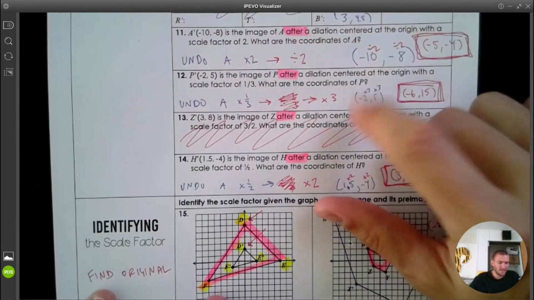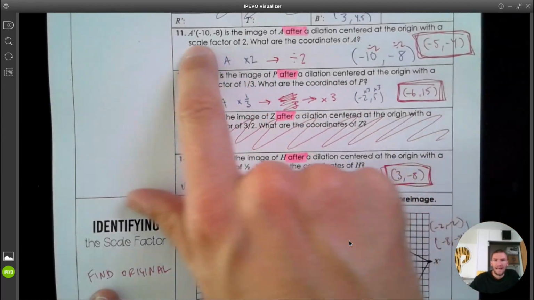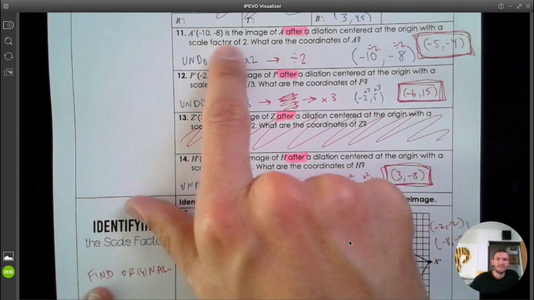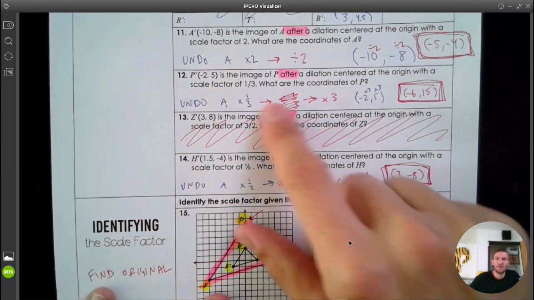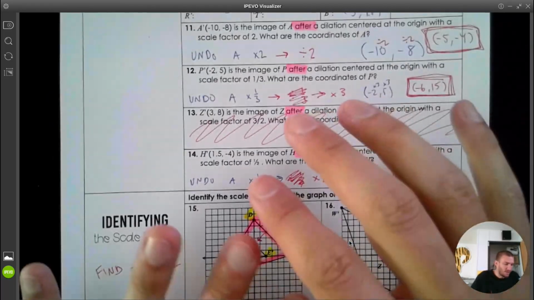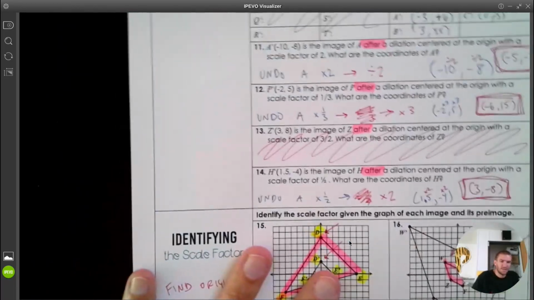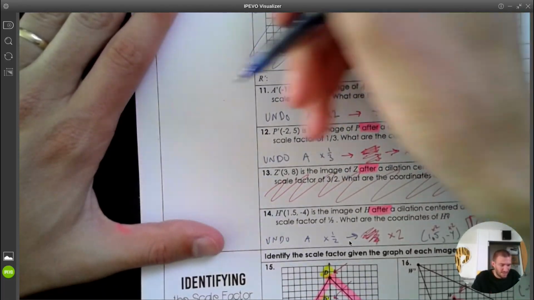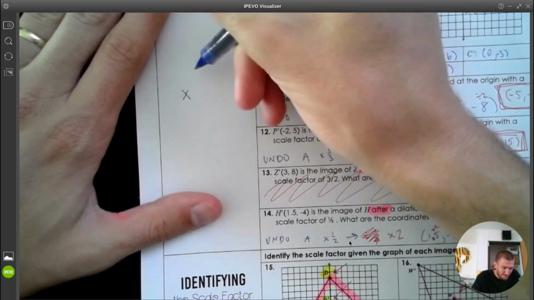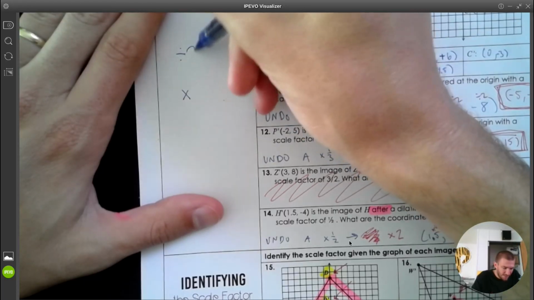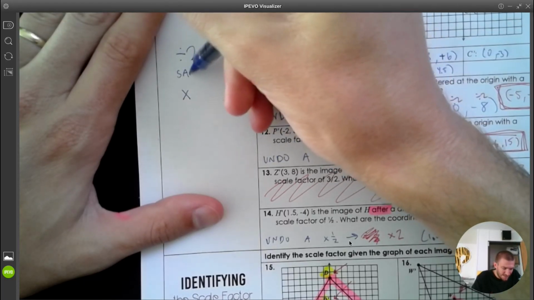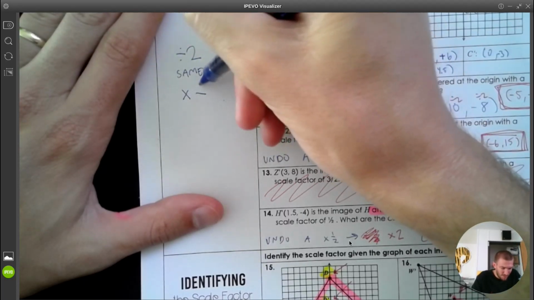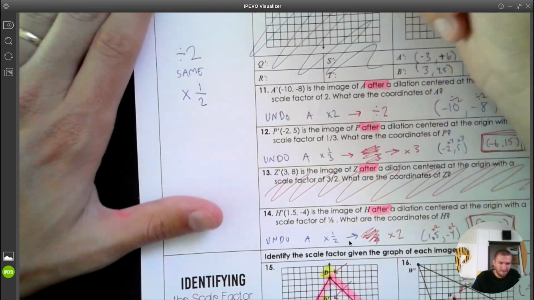We did some questions in the middle here where we had the image and we were trying to find the pre-image. We were trying to go backwards. Whenever you're trying to go backwards, we want to keep a little bit of a math strategy in our head. Dividing by 2 is the same as multiplying by 1/2.